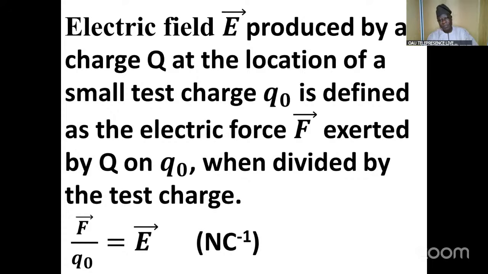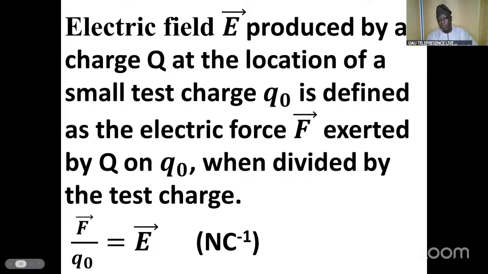The electric field E produced by a charge Q at the location of a small test charge, Q naught, is defined as the electric force, represented by F, exerted by Q on Q naught, divided by the test charge.